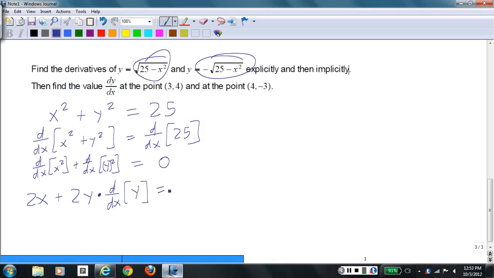So it looks like that. Now, if it looks like I'm not treating x and y the same way, had I multiplied by the derivative of x with respect to x, that's just 1. So I didn't take the time to do it. But here it's absolutely necessary. Multiply by the derivative of y with respect to x. Well, we have notation for that. The derivative of y with respect to x is dy/dx.